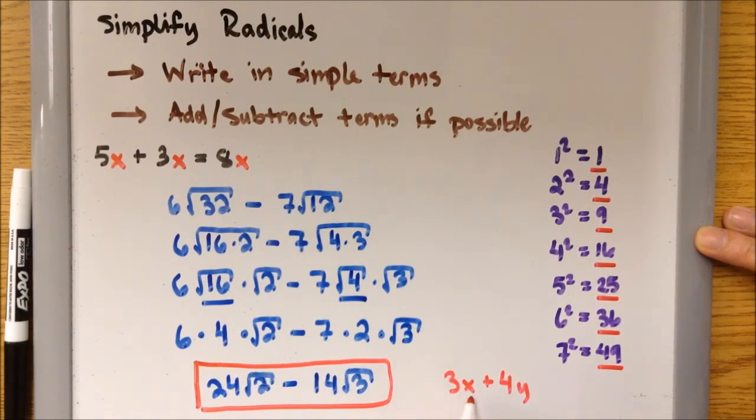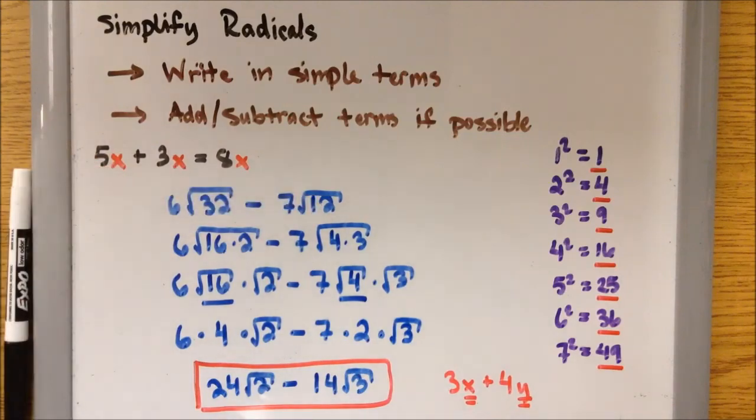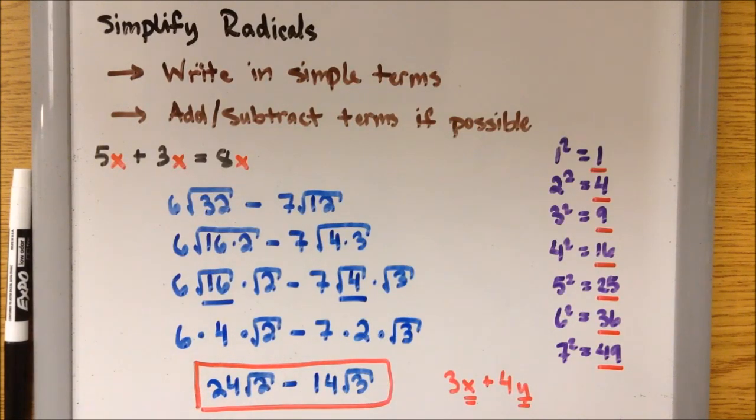Well, you cannot because they both have different terms. So when you have something like that, you can't mess with it. Just leave it like that. So 6 square root of 32 minus 7 square root of 12 will equal 24 square root of 2 minus 14 square root of 3. Again, could not combine them because the radicals are different.